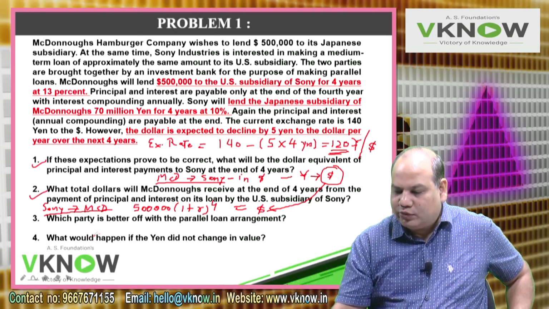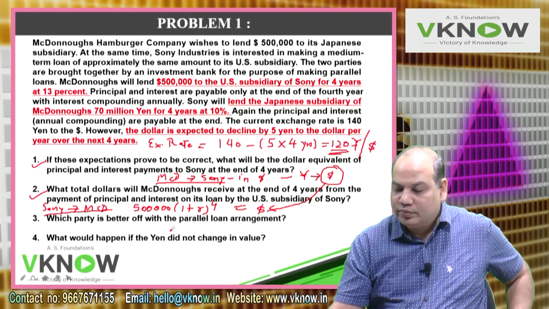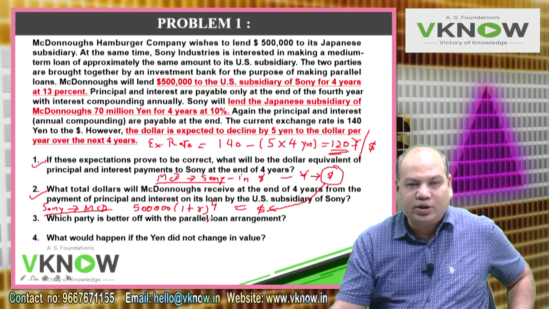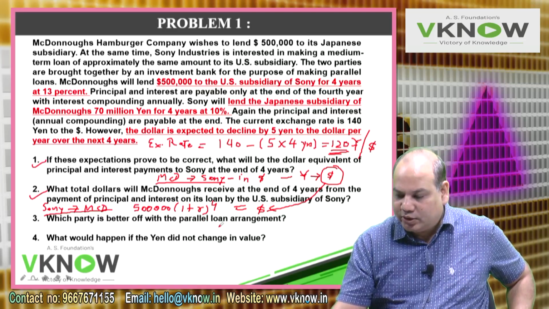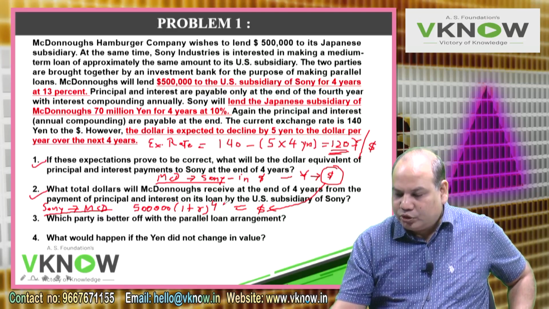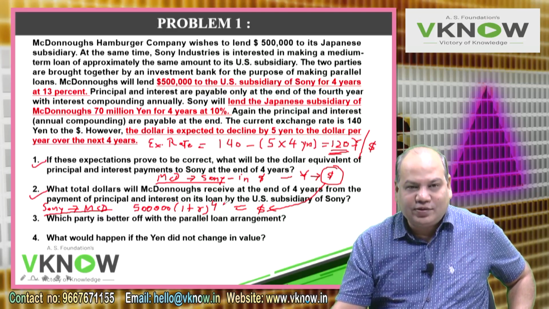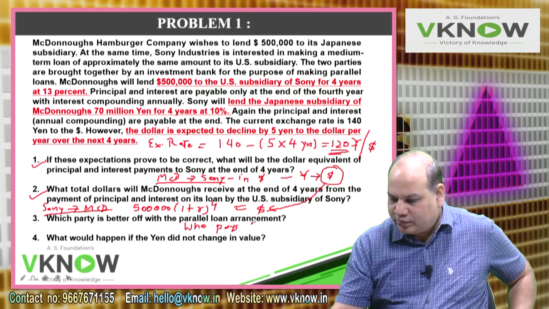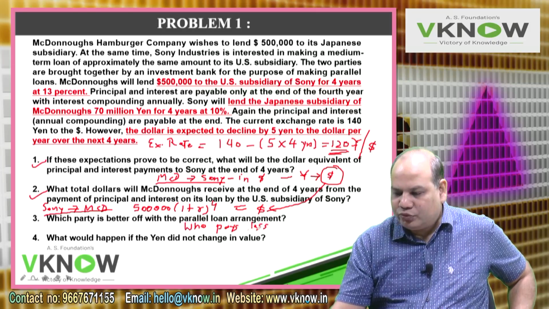So third question is, which party is better off with the parallel loan arrangement? So we'll have to see who pays less on maturity.